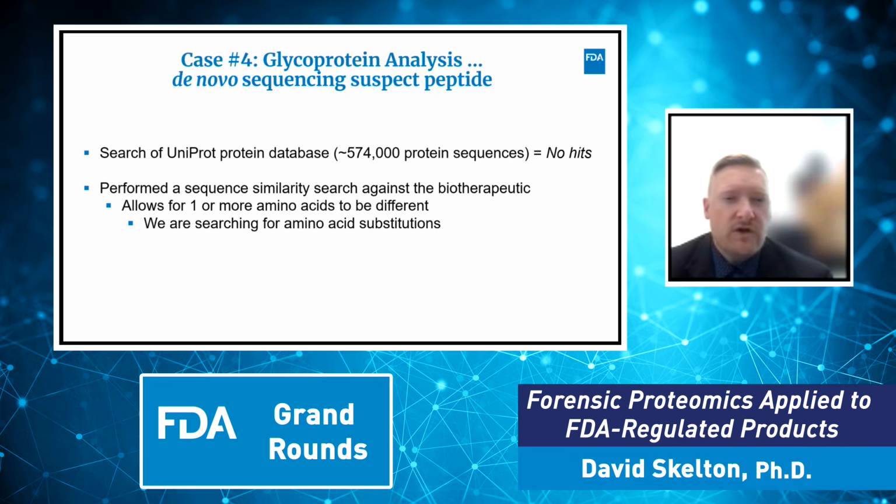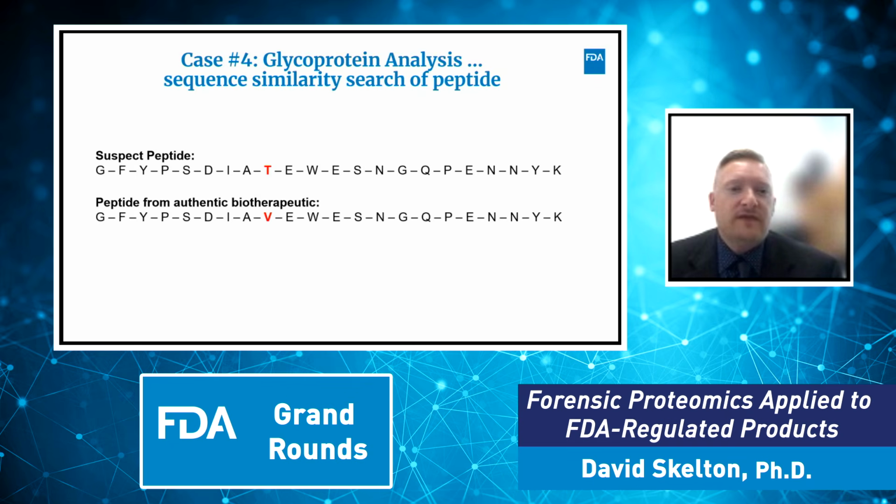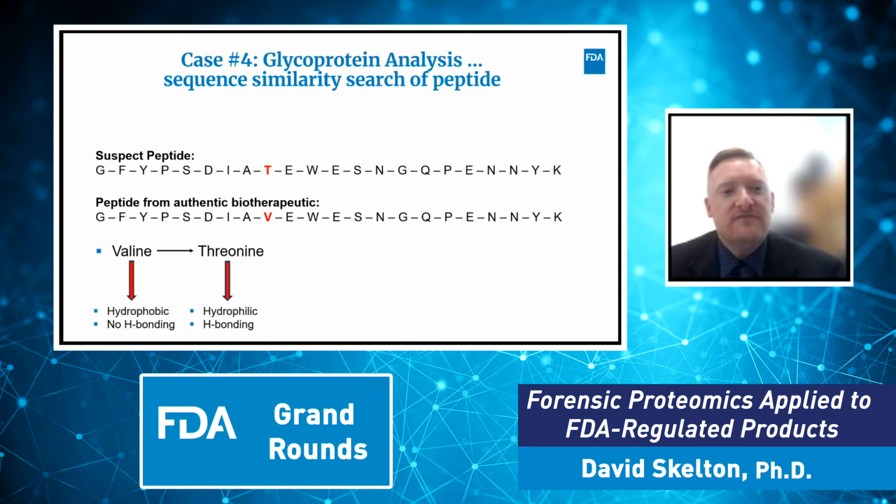So it is allowing for one or more of the amino acids to be different. And so when we look at the sequence of our suspect peptide, the unknown, the hit that we get back says it's most similar to your biotherapeutic that's supposed to be in our sample. And the difference is the valine has been substituted to a threonine amino acid.